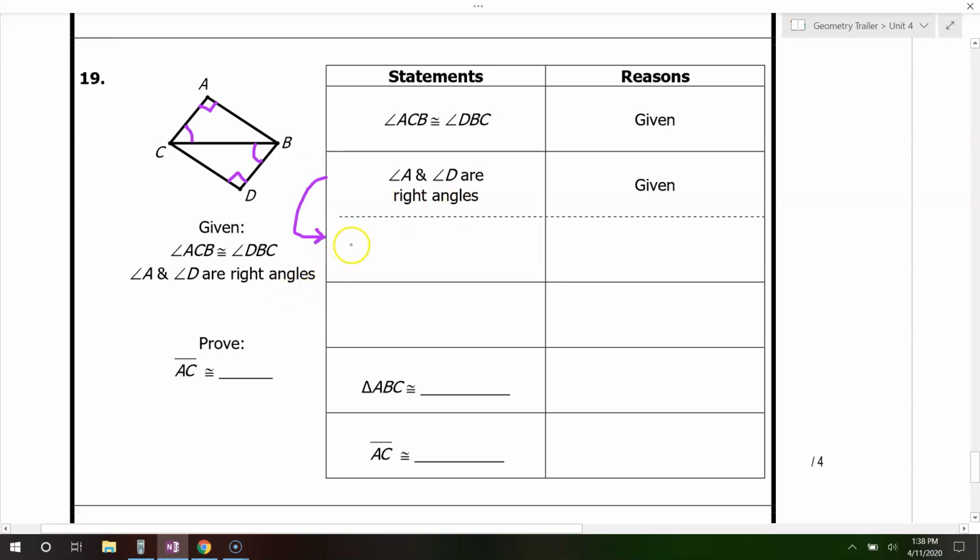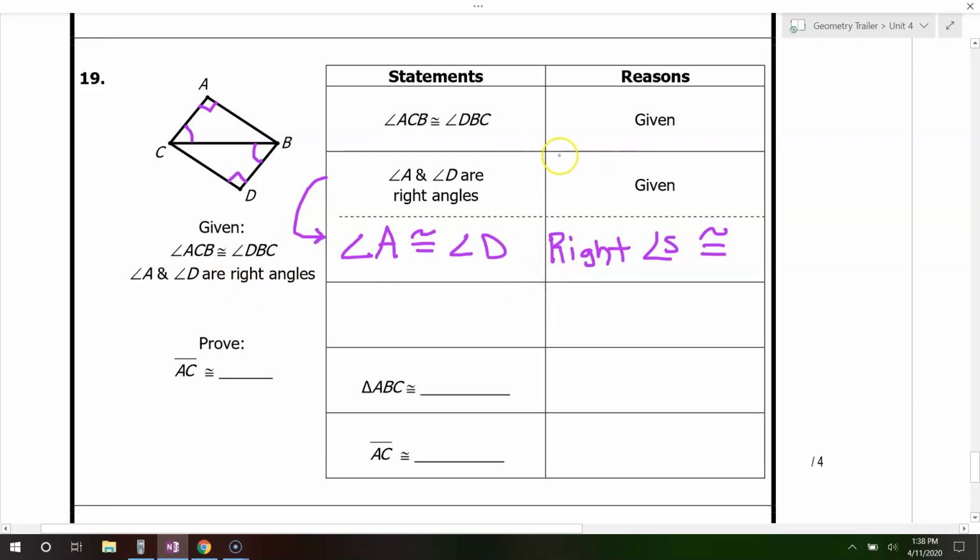So A and D are right angles, you say? Fine. That means angle A is congruent to angle D. All right, that's got to be the next statement you have. And the reason is simply that right angles are congruent. All right, that's how you say that. Right angles are congruent.